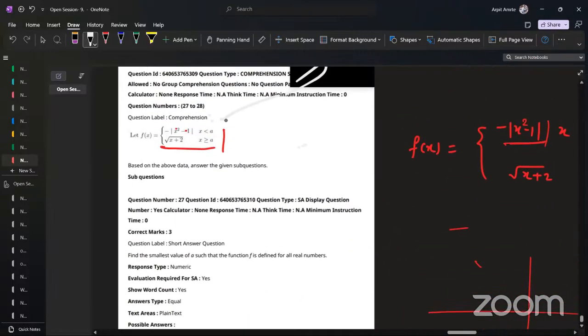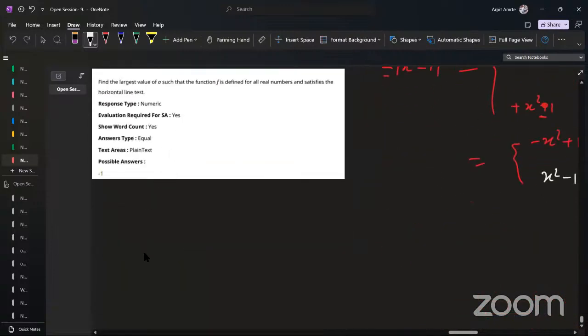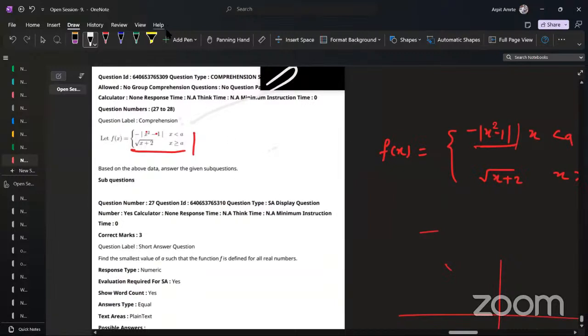Now, further things: what about this root over x plus 2? What is its domain? x is greater than or equal to minus 2, so 2 to infinity is wrong, it is minus 2 to infinity. Now, what is the constraint that we have here? Here x should be in the lower one, x should be greater than or equal to a.